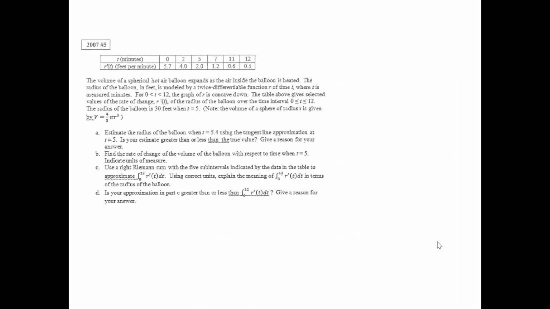All right, let's take a look at C. Use the right Riemann sum with the 5 subintervals indicated by the data in the table to approximate the integral from 0 to 12 of r prime of t dt.